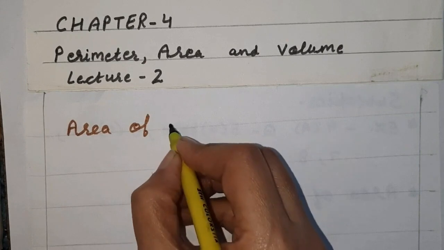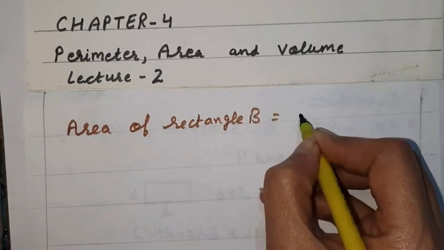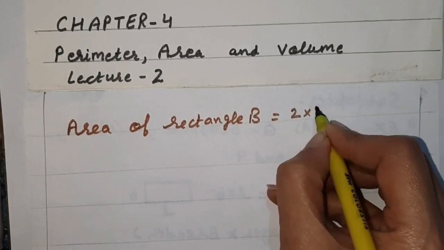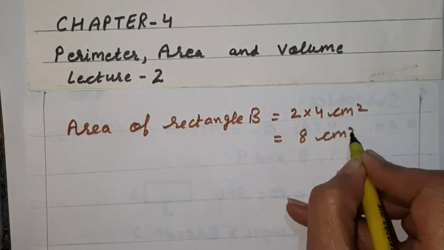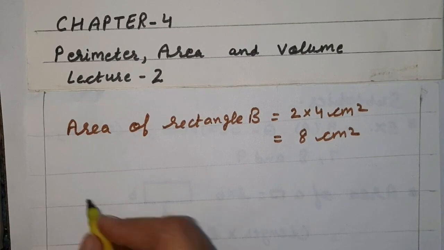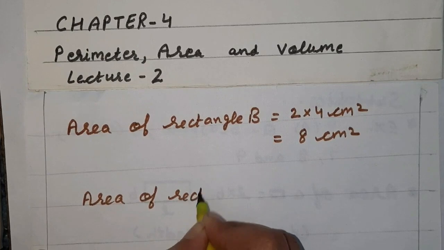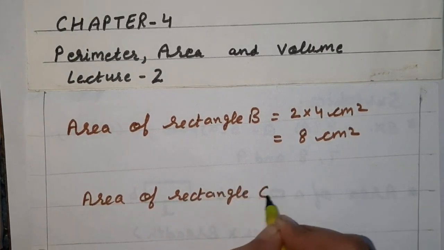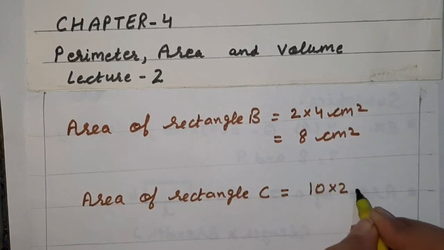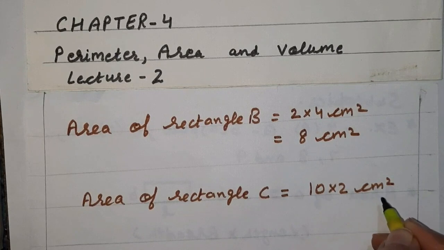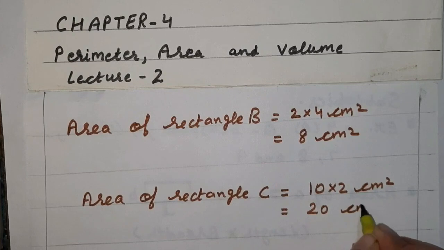Area of rectangle B is equal to 2 multiply 4 centimeter square. 4 2s are 8. 8 centimeter square. Area of rectangle C. 3 rectangles are there. That is 10 multiply 2 centimeter square or 2 multiply 10 centimeter square. Product will be same, 20 centimeter square.